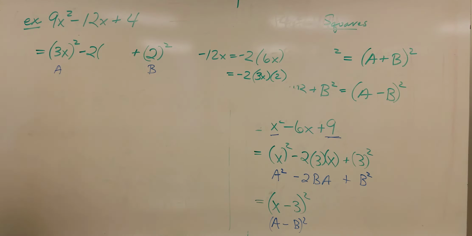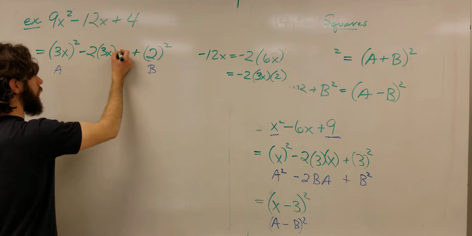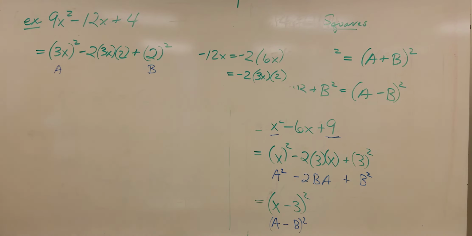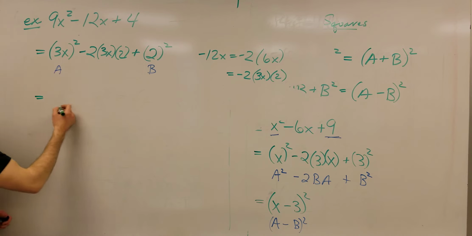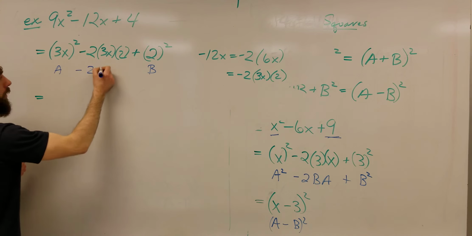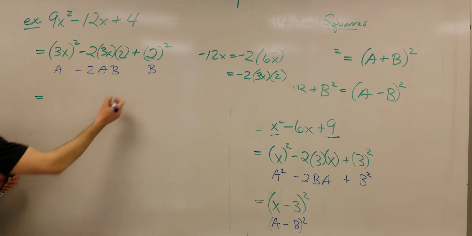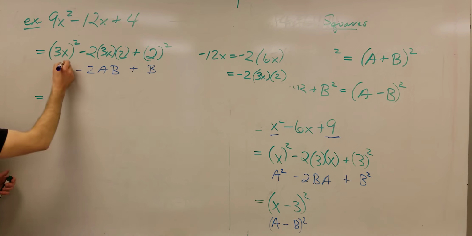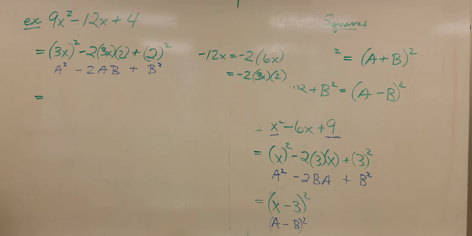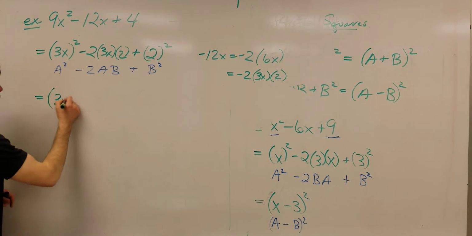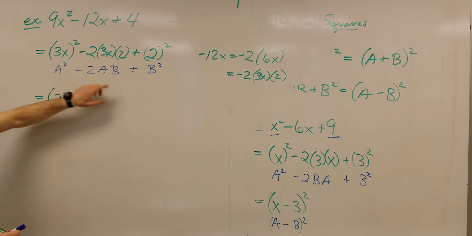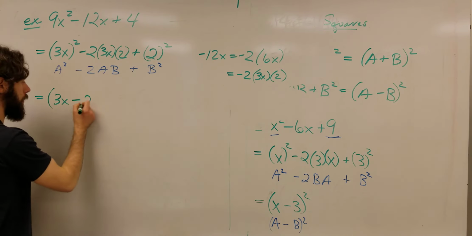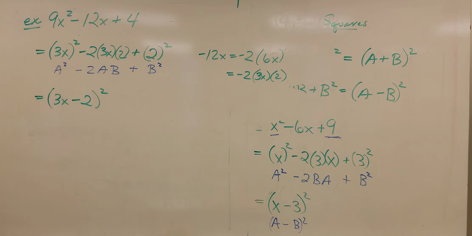Okay, so it looks like we do indeed have a perfect square. Now we just want to write that. So that's our minus 2ab. Okay, so now we just want to write that as a perfect square. So that's going to be a, which is 3x, minus b, which is 2. 3x minus 2 squared.